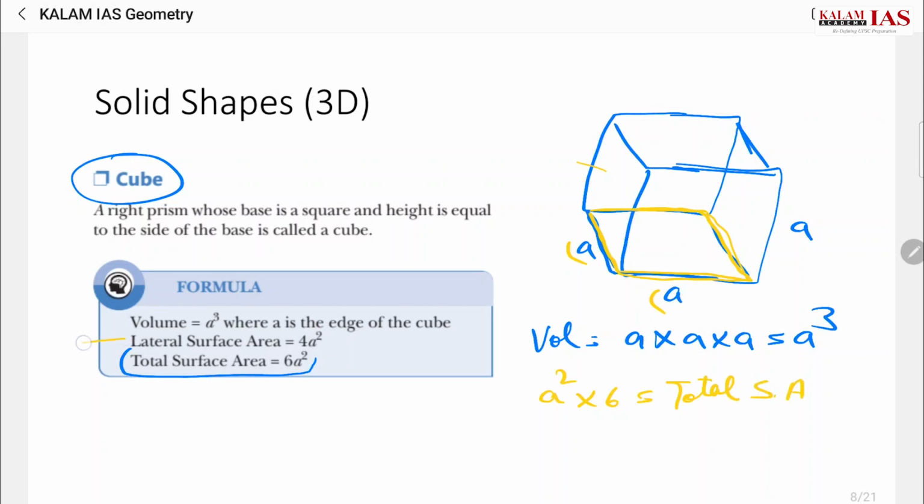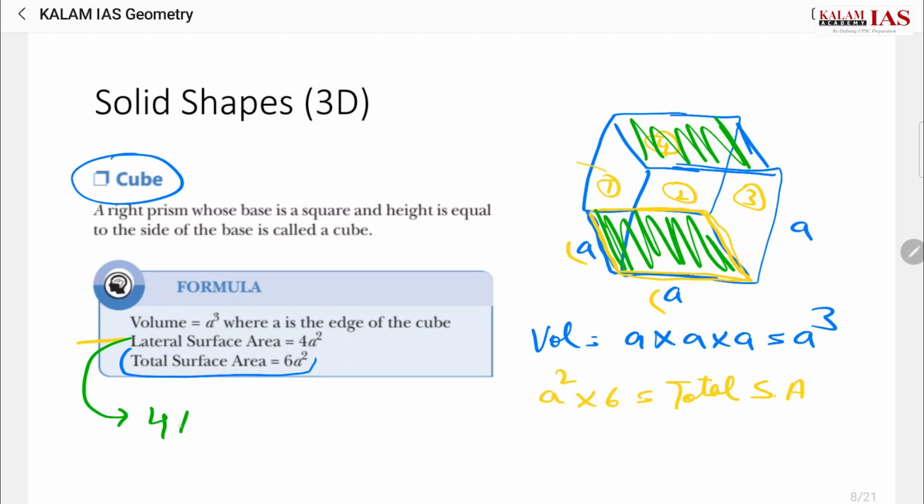If we have to find the lateral surface area, we are just considering 4 sides of the cube: one side, 2, 3 and 4, the back one. We are not considering the top side and the bottom one. If we ignore these 2 sides, we have 4 surfaces, so the lateral surface area will be 4 into A square, that is 4A square.